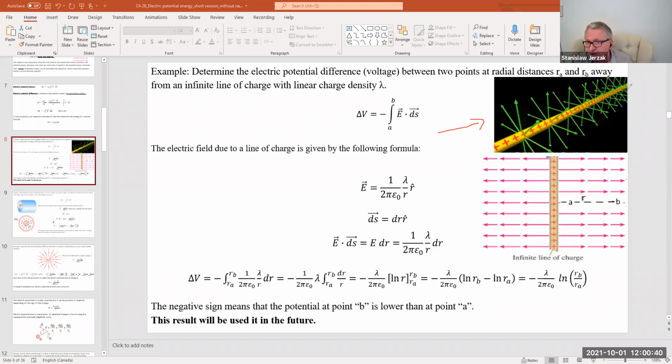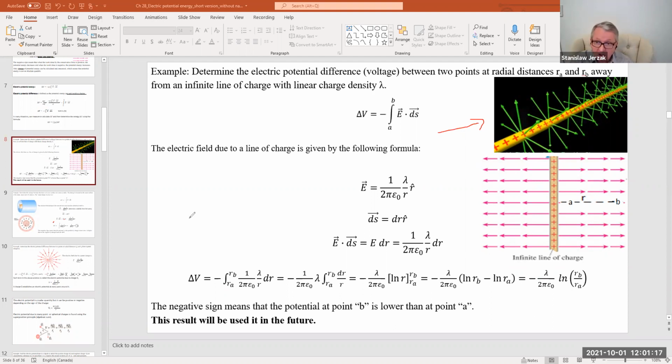This is the line of charge, and the electric field is radially away in all directions, always perpendicular to the line of charge. This is the illustration of that electric field. But the electric field due to a point charge goes from that point charge in all directions in 3 dimensions. I don't have an appropriate image to show you the 3-dimensional electric field of the point charge, but I hope you know what I mean.